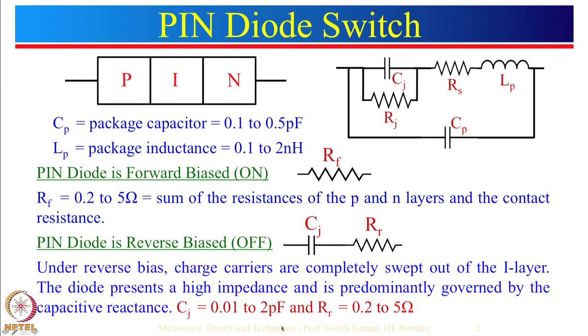Generally speaking, the series resistance may be of this particular order, but again many times you may see that this resistance may be even of the order of kilo ohm. So again, it is very important that you read the specifications of whichever pin diode you have chosen.